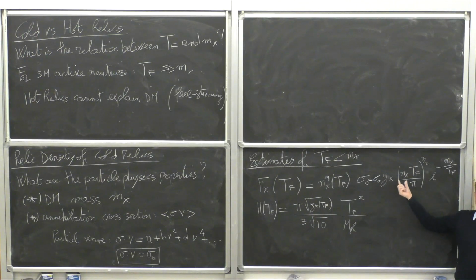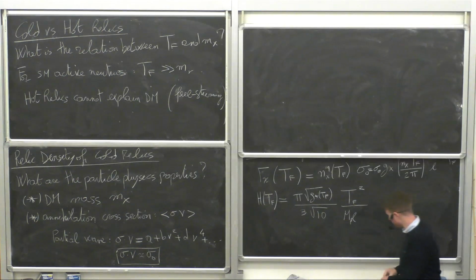This is the Maxwell-Boltzmann number density. The 2 pi factors are the usual ones, m chi TF to the 3 over 2. You see they also get the right dimensions because it's an energy cubed. And then you have this very famous exponential suppression. This is something you can check trivially by doing the integral of the phase space distribution, taking the Maxwell-Boltzmann distribution.